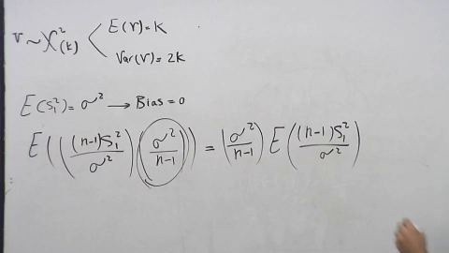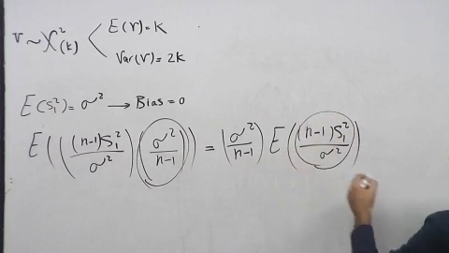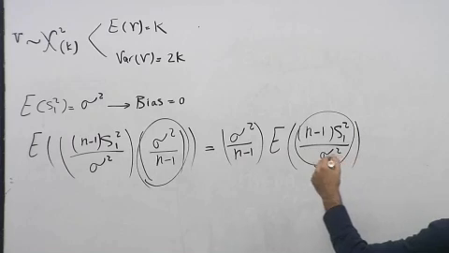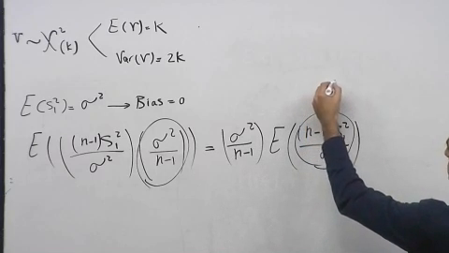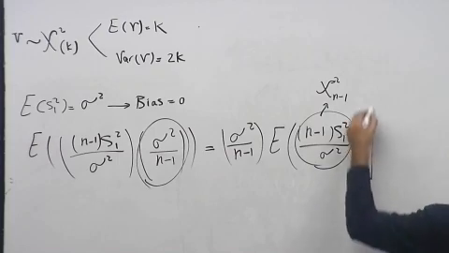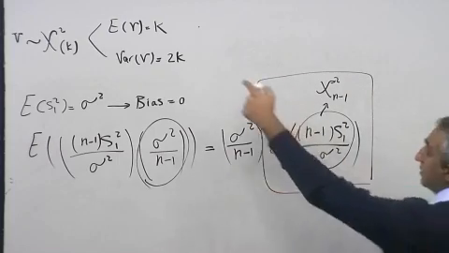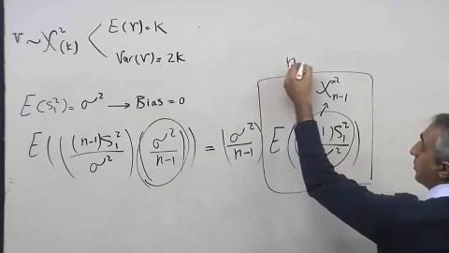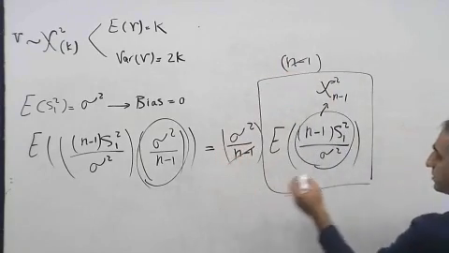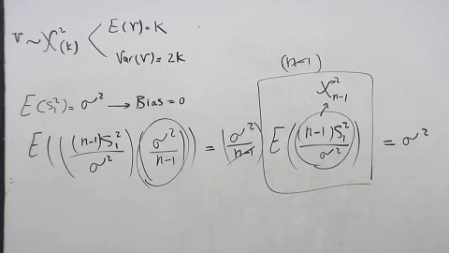So what is this? It's chi squared with n minus 1 degrees of freedom. So the expected value of this guy is n minus 1. I cancel out n minus 1 with this n minus 1. At the end of the day, I get sigma squared. Okay? That's easy.